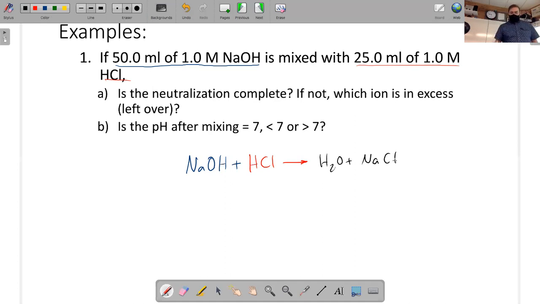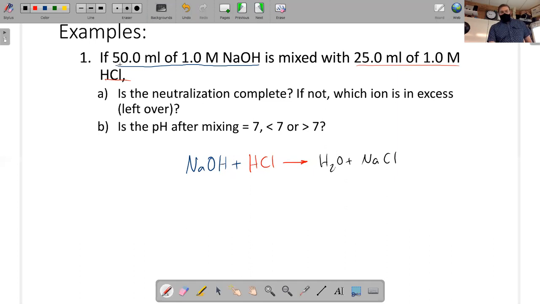And the deal is that this equation is already balanced. There's 1 sodium hydroxide and 1 HCl. So if the molar quantity of sodium hydroxide and the quantity of HCl are the same, then it will be a complete neutralization.